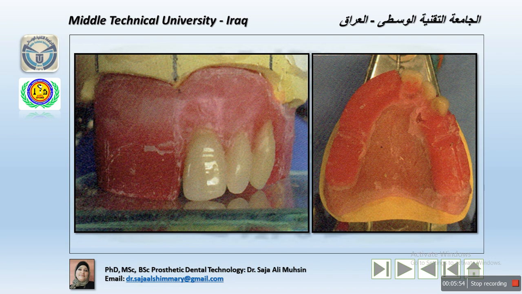By setting up one entire side of the anterior teeth first, rather than two centrals, followed by the two laterals and finally two canines, the labial contour of the block can be maintained until one side is correctly positioned. There are many theories regarding the setting of teeth, starting with the maxillary anterior teeth.